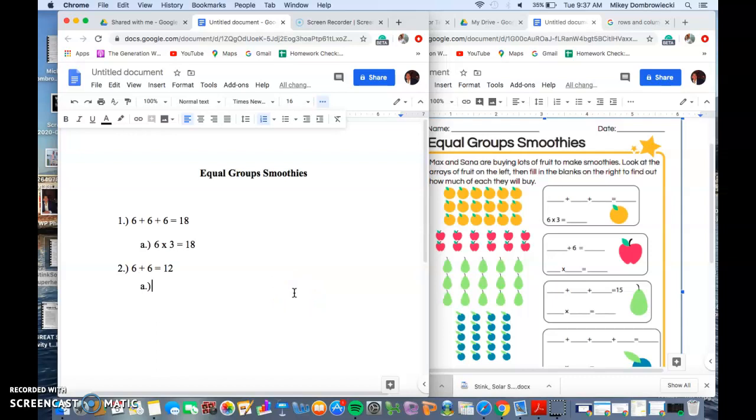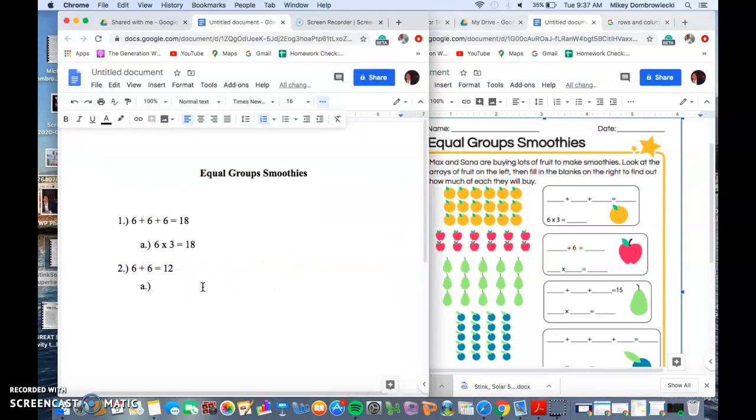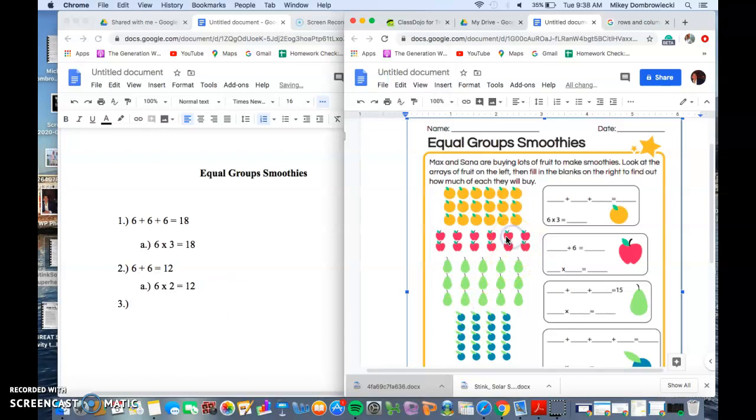Let's see if you can get it. So we have 6 apples in one row, and we have 2 columns. So that's your hint where the columns come into play. 6 times 2 equals 12, because we have 6 apples and we have 2 rows of them.